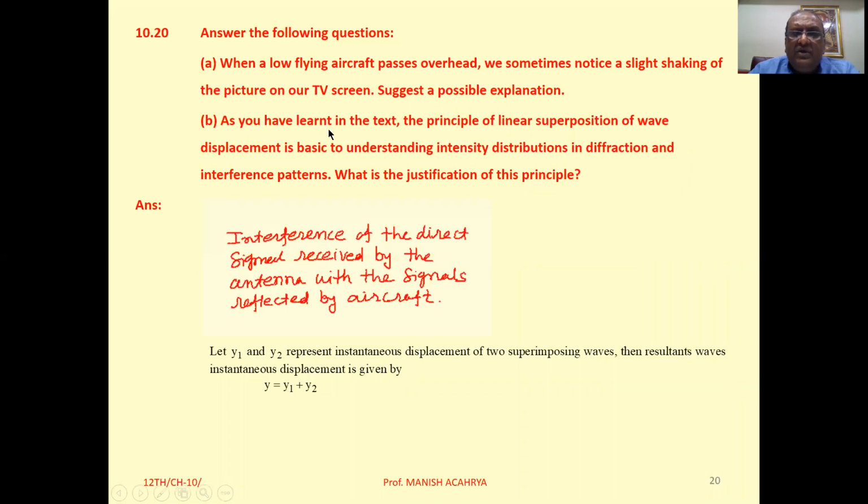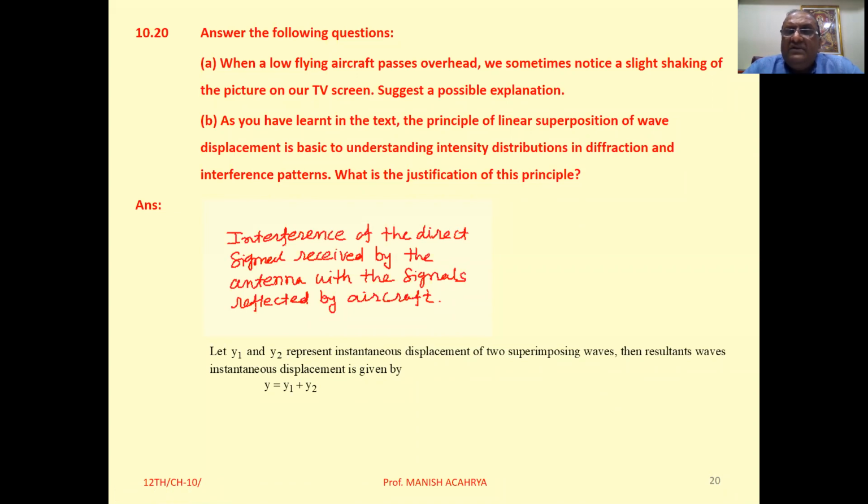Then B, as you have learned in the text, the principle of linear superposition of wave displacement is basic to understanding intensity distribution in diffraction and interference pattern. What is the justification of this principle? Because in the superposition principle, we take the resultant displacement as the summation of the displacements under the effect of individual waves.